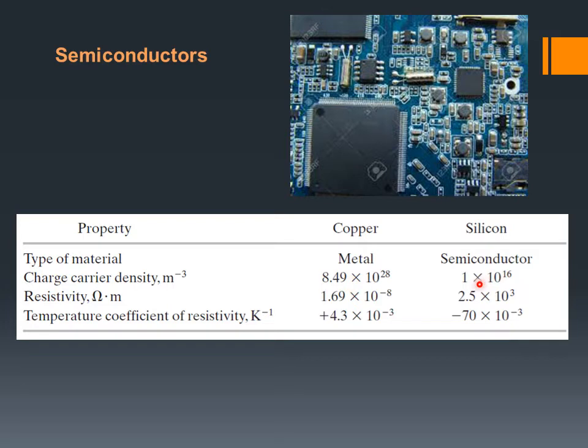And in semiconductors, the free electrons are less. Okay. Look at the resistivity, ohm meter. The resistivity of copper is 1.6 into 10 to the power minus 8, and the resistivity of silicon is 2.5 into 10 to the power 3. So you see, the semiconductor has more resistivity than copper. It means current can't flow easily in semiconductors.